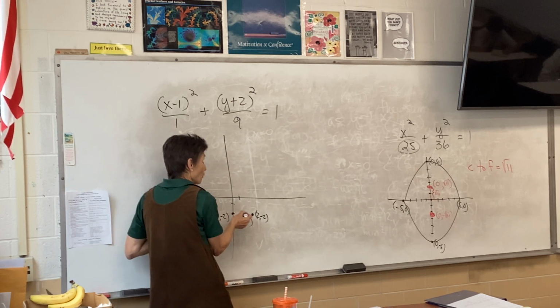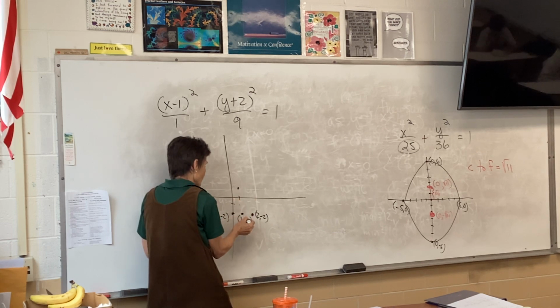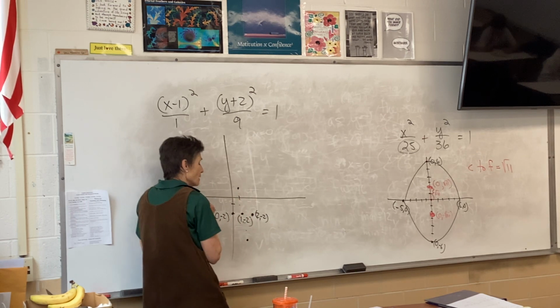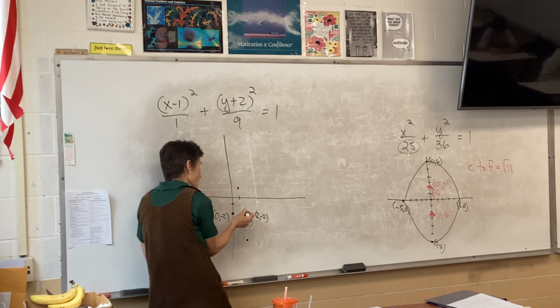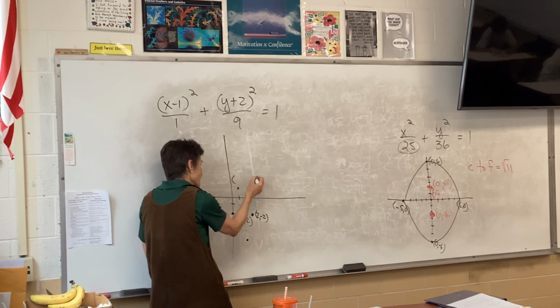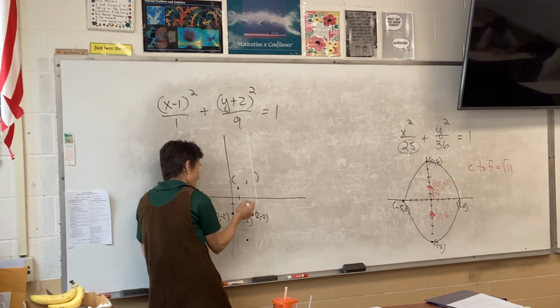Go up 3 from the center now. So 1, 2, 3. 1, 2, 3. Put your pencil on your center and count up 1, 2, 3 and tell me what that point is. If I go straight up 3 from my center, aren't I at 1, 1?